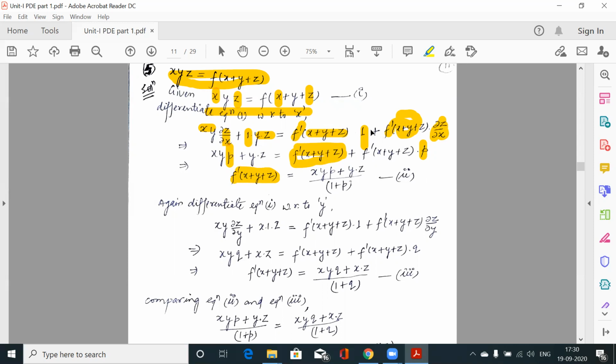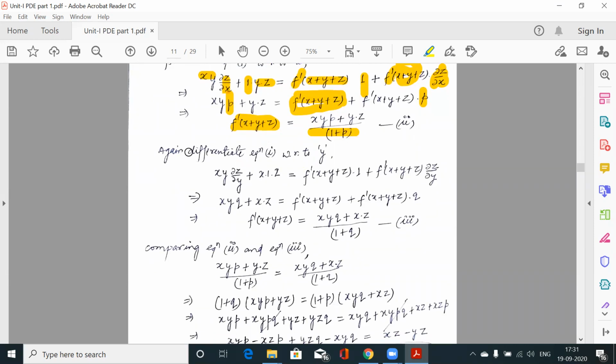Both terms include f dash, so we have taken it as the common term. So f dash would be xyp plus yz over 1 plus p.